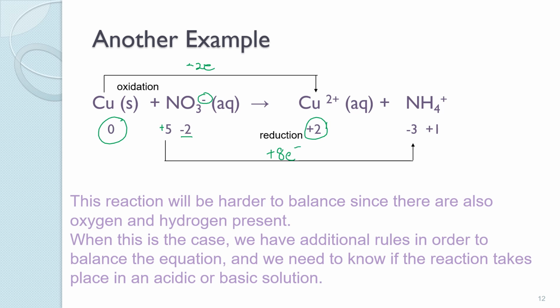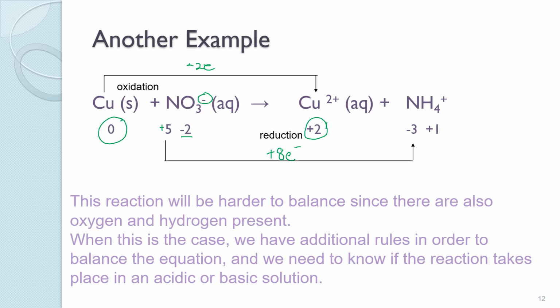So keep that in mind because you'll see that come up later, and it may help you balance these. But if you're still struggling with this, don't be too worried, because if you go through all the rules that I'm going to show you in a second, you'll come up with the same idea, and you should get the same answer.